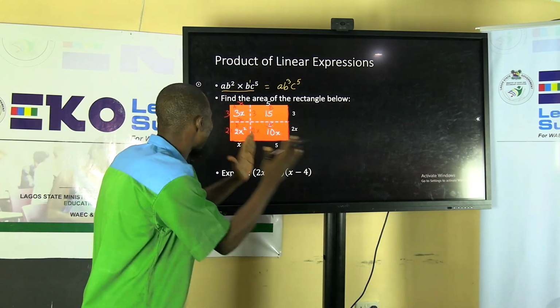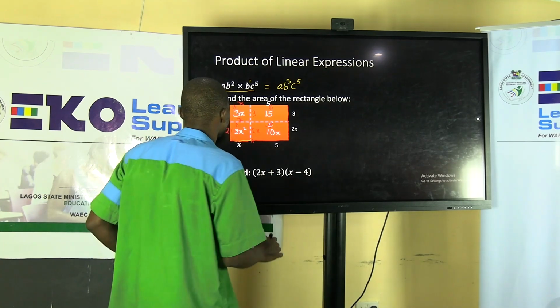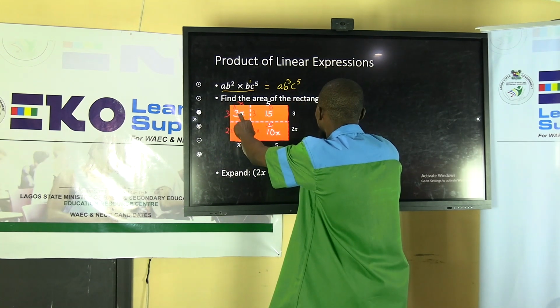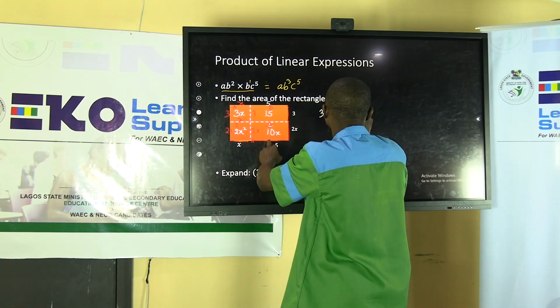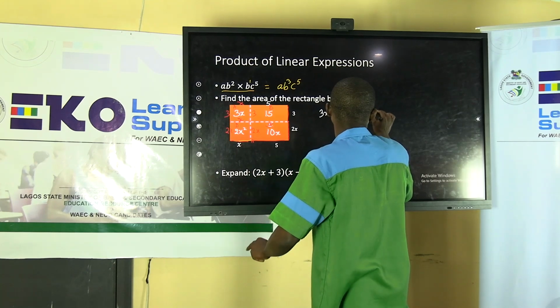So to find the total area, it means we are supposed to add everything together. So what are we adding together? We are adding 3x plus 15 plus 10x plus 2x squared.